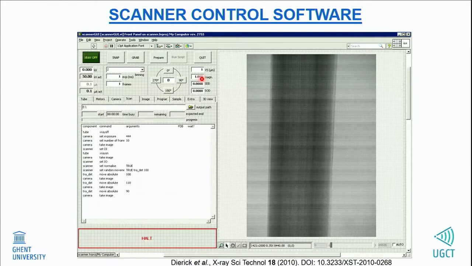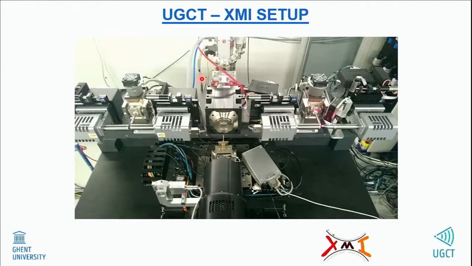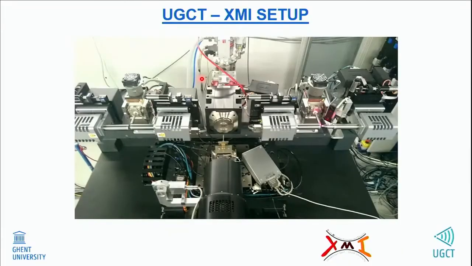That flexibility was also needed to construct one of the more specific or special CT systems that we have, which was built in collaboration with a group that does micro XRF, the XMI group of Professor Vincze. And what you see here is not just a single transmission CT setup, but also at two sides there are two XRF systems.